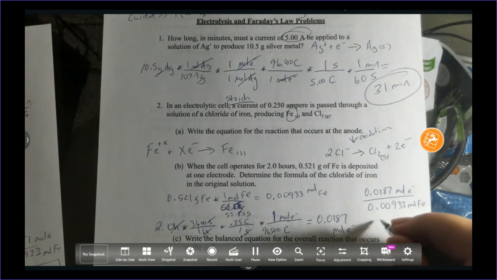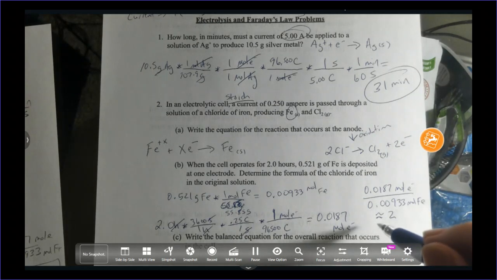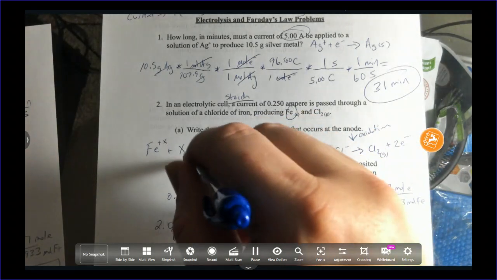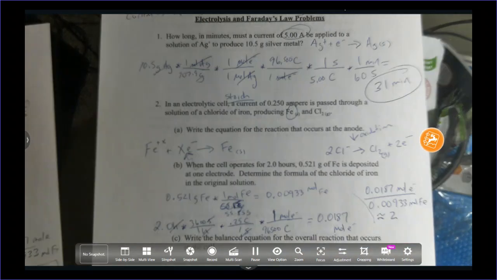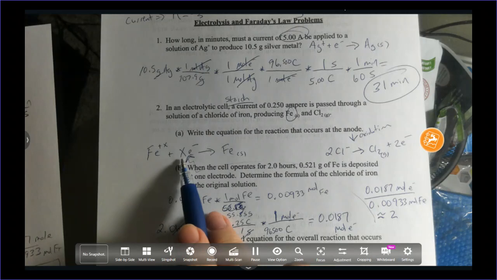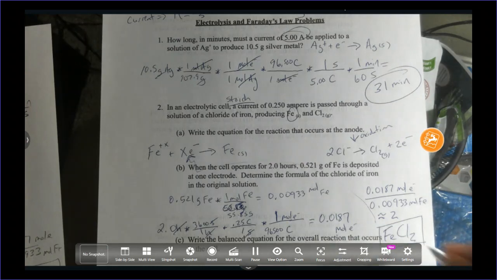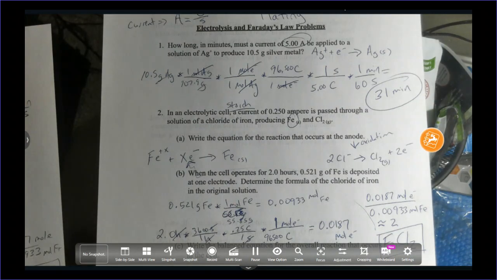And lo and behold, that comes out to be right at 2. It's like 1.99, so it's not exactly 2, but it's really close to 2 because of the rounding. So that means if I go all the way back to my cathode half reaction, that means X is 2. So this salt was FeCl2, iron 2 chloride.